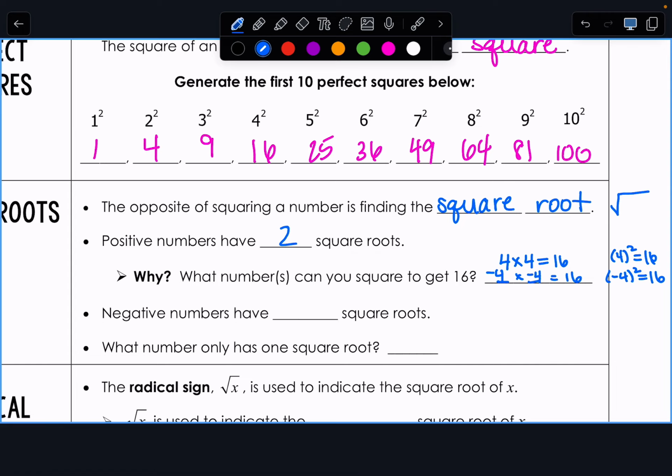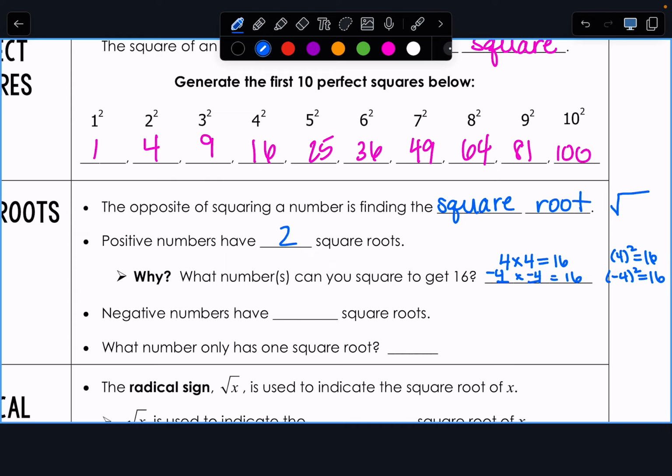Okay, is it possible to have a number times itself equal a negative value? Give me an example. A number times itself. Negative 4 times positive 4? That's not a number times itself. That's two different numbers that we're multiplying.